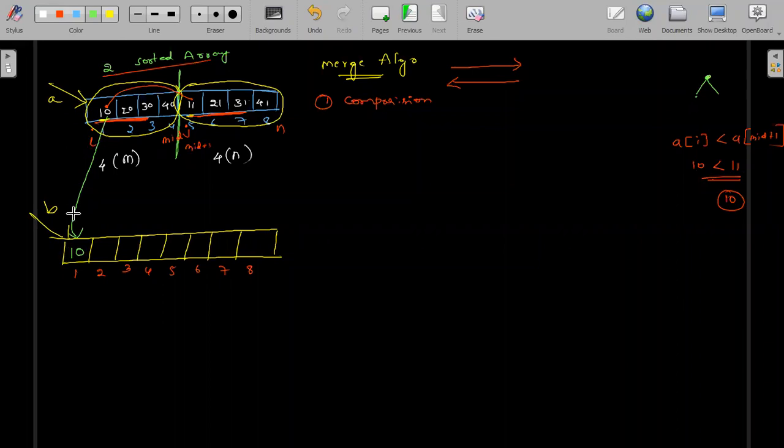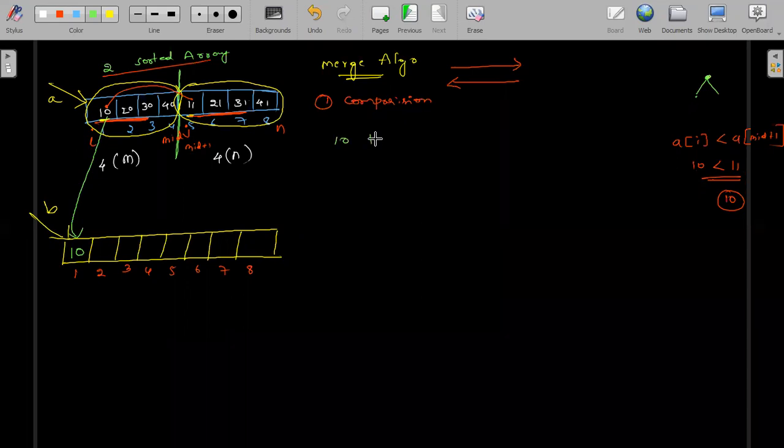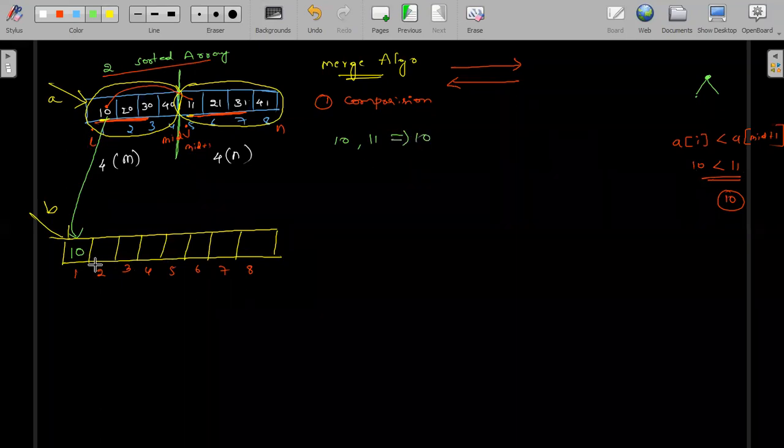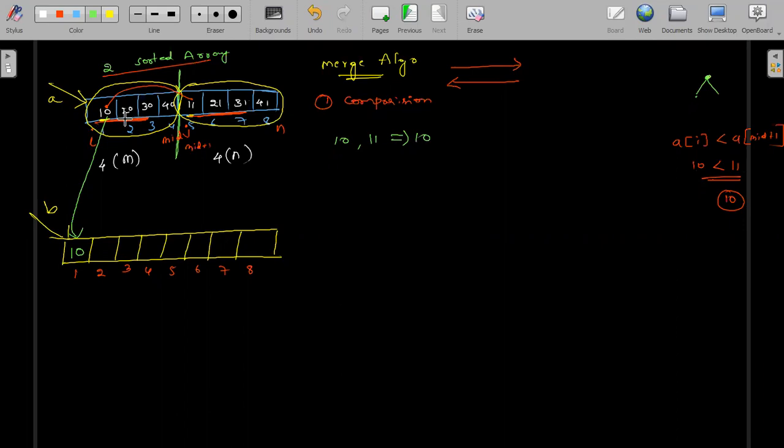Now I will show you that also, no problem. First, it will compare 10 with 11. What is the least one in this? 10. It will take the first index. That is, 10 is over. Now increment the i value, i plus plus. Where will it go?